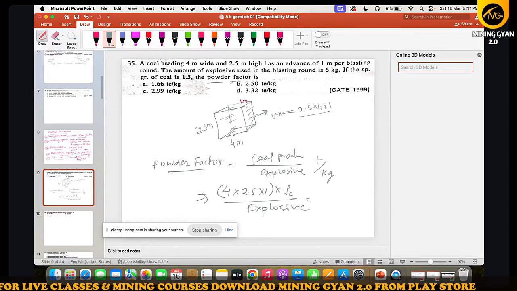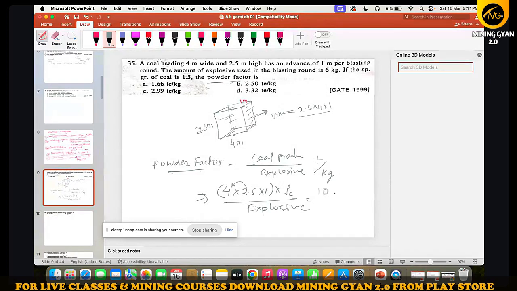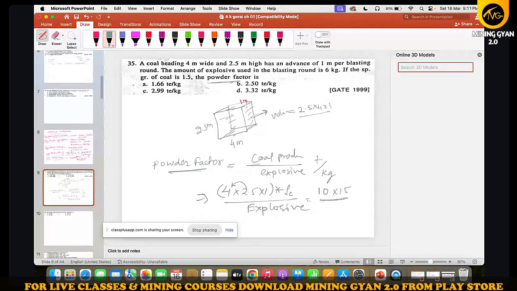So how much will it come? 2.5 into 4 into 1, that is 10, and the coal's 1.5.